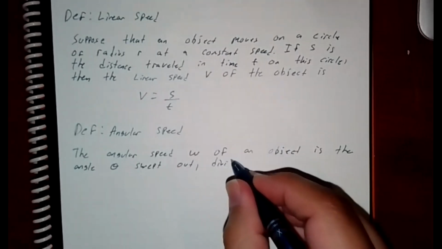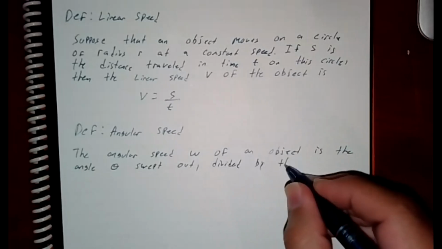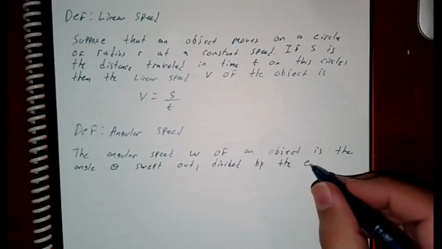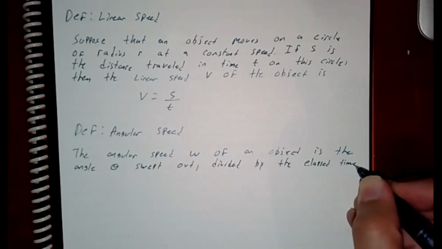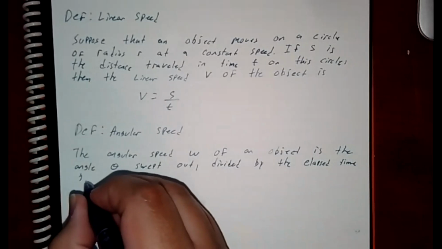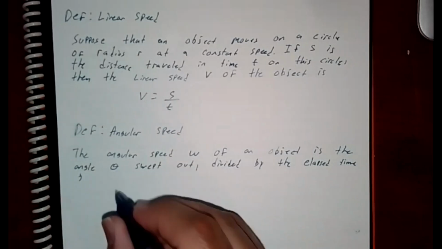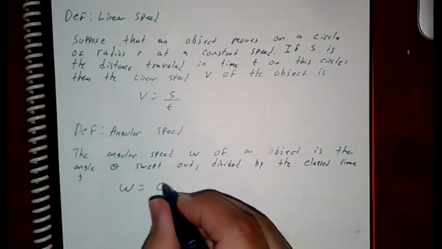So basically, omega is equal to theta over t.